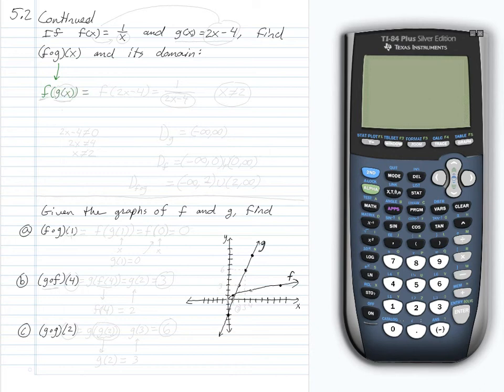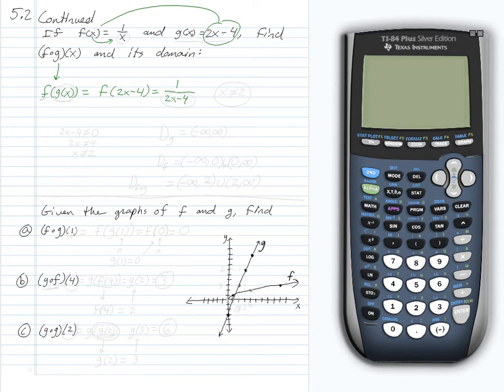So we want to plug g of x into the function f. So f of 2x minus 4 would be, well, what does f do? It plugs the input into the denominator, 1 over the input. Okay. So that's our composition.